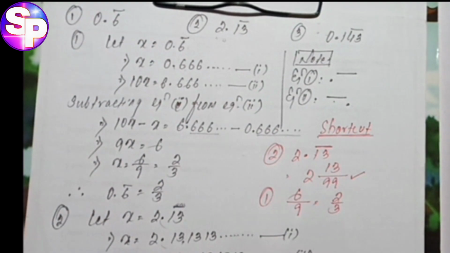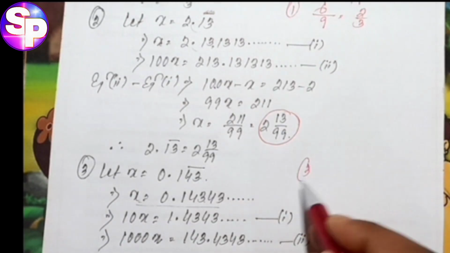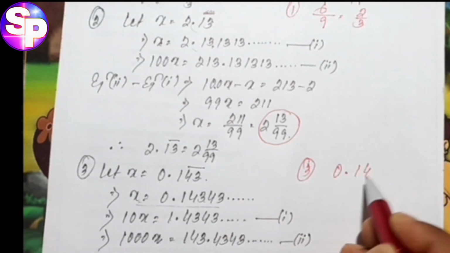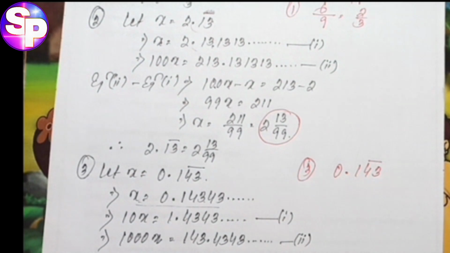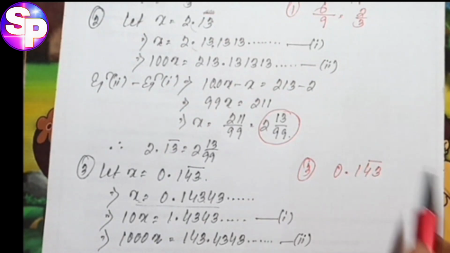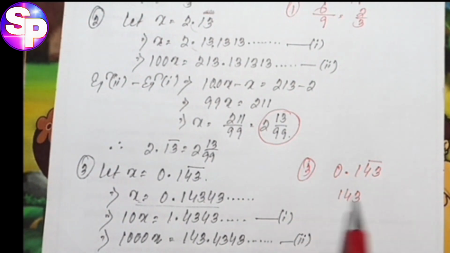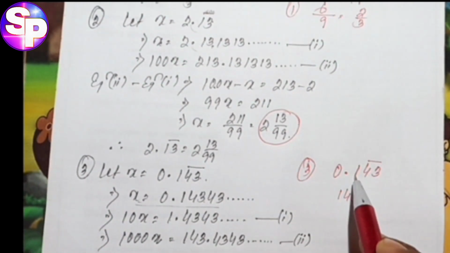Next, the third one. The third one is 0.143, the bar is upon 43. So here no integral part is there. So whatever the number is written after the decimal place, I want to write in the numerator. Then children, what to do? Then we need to subtract what? The digit which is not repeated.